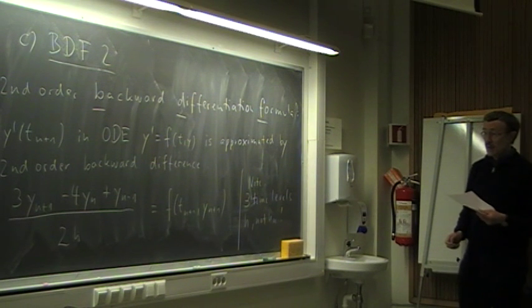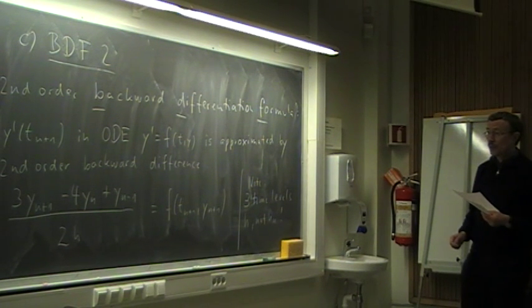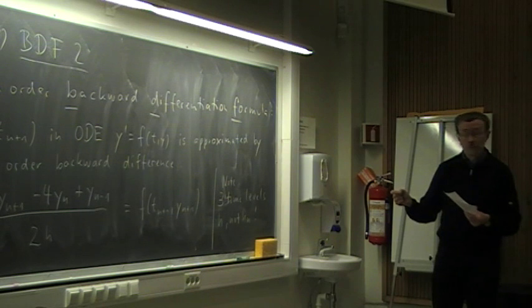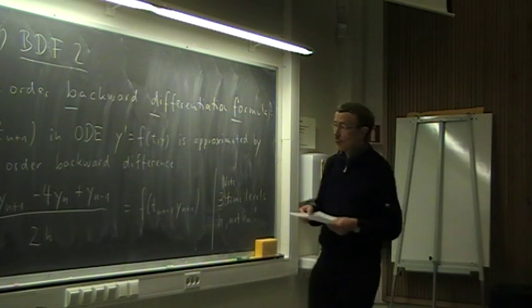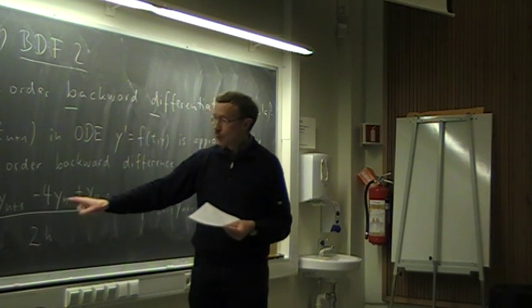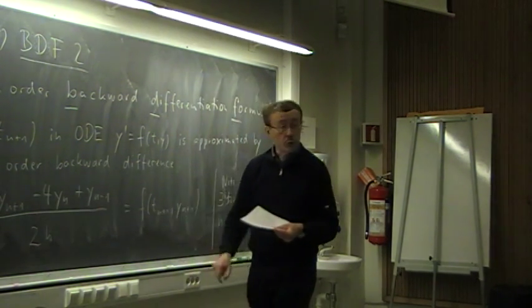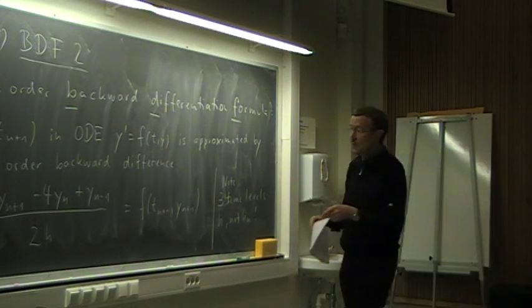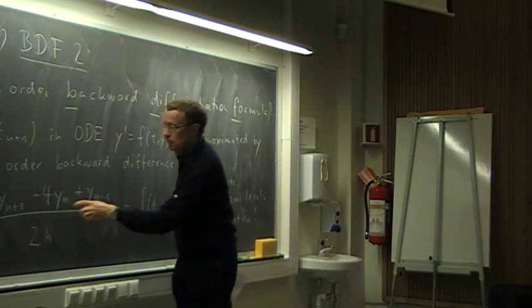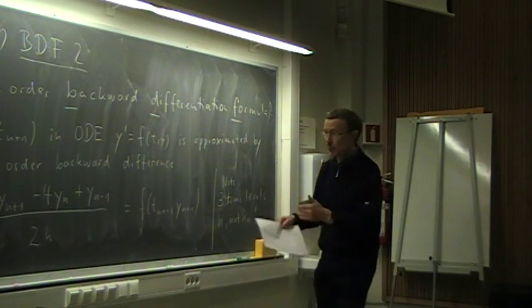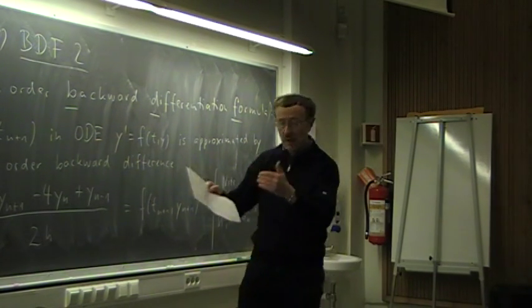And the other thing that we have to be aware of when we use this method later on is that when you start the method, you cannot do it, because when we start, n is 0, we know y0, and we want to compute y1, but we don't know y minus 1. So we need a method, this is a 2-step method, because we need to step from n minus 1 to n, first step, and from n to n plus 1.